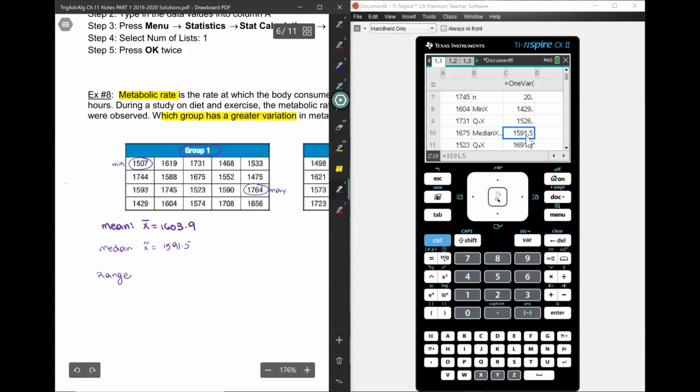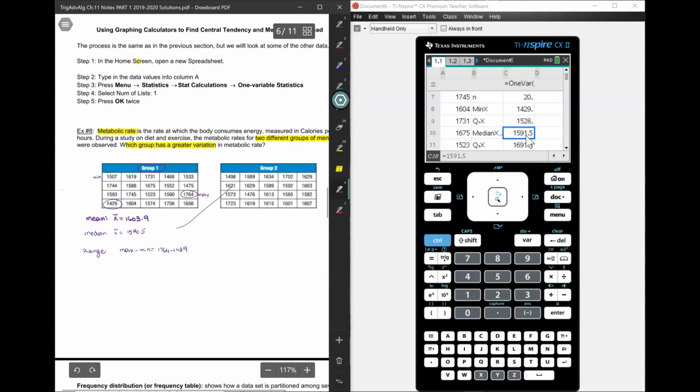So the range is the max minus the min, 1764 minus, oh, you know what? There is a smaller one. Sorry, 1429. And that's 335.